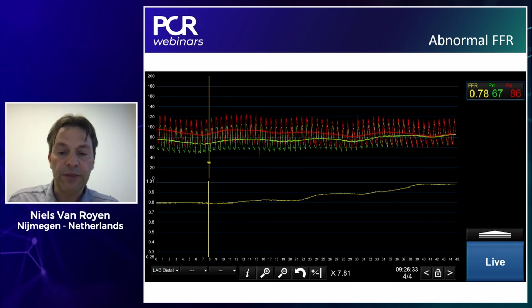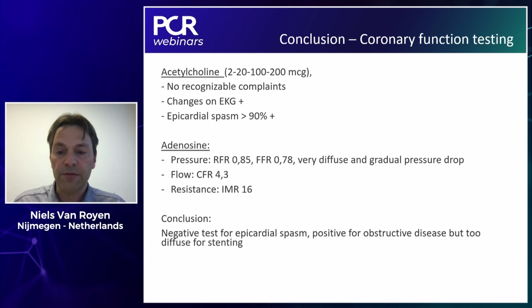As you can also see, though, the pressure gradient, the drop is very gradual. So there's not a clear jump in the pressure. It's very diffuse. And that's also what we saw on the angiogram.